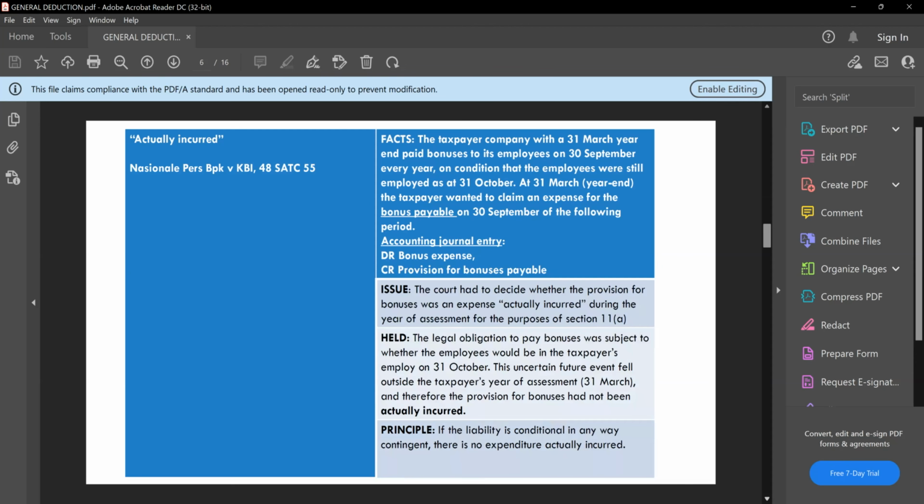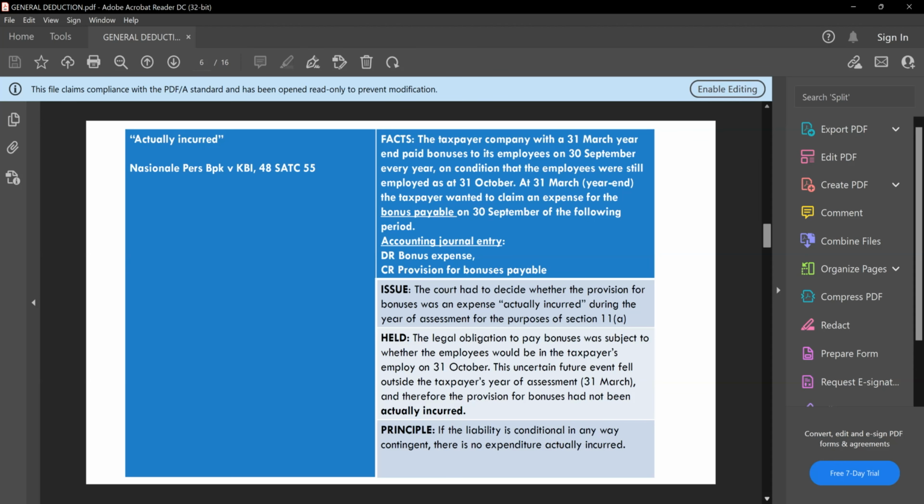Another case is this is an Afrikaans word. I'm not sure how to pronounce this, but yeah. So in this case, what happened was the taxpayer with a 31 March year end paid bonuses to its employees on the 30th of September every year, on condition that the employees were still employed as at 31 October.